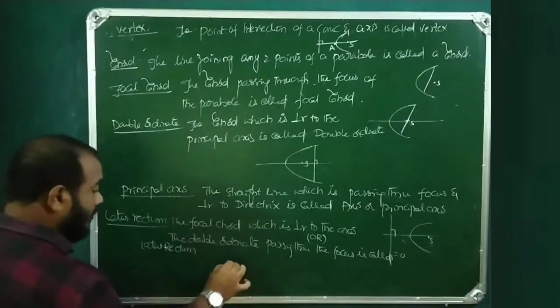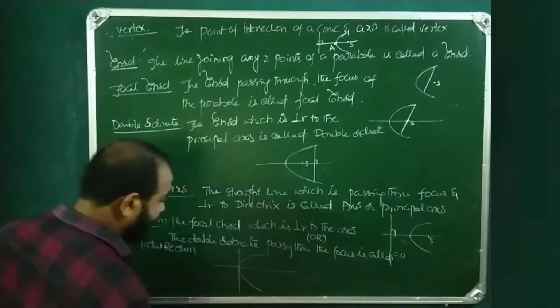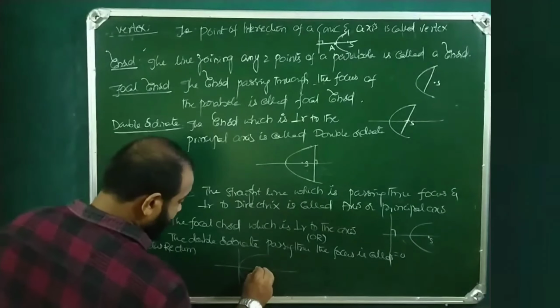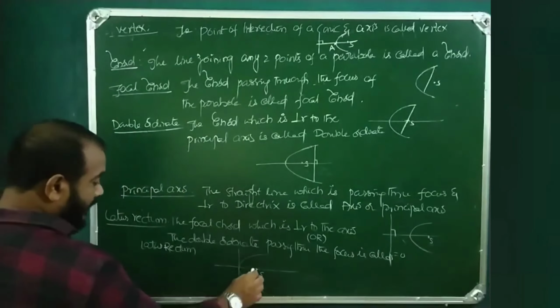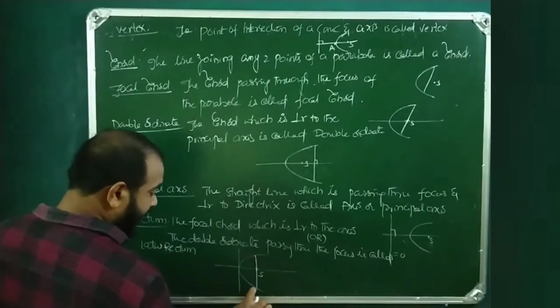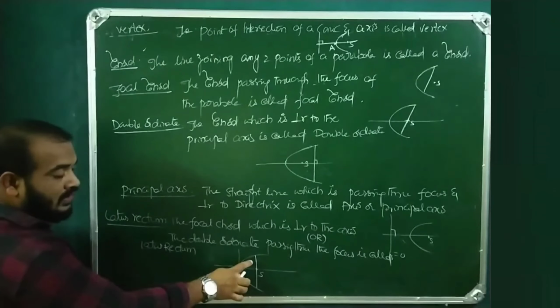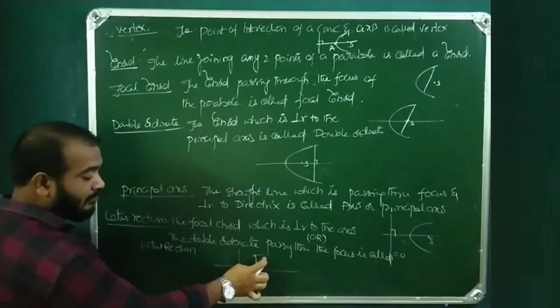That means if you take the diagram like this, this is our focus, and this line is called the chord. Why chord? This is the line joining any two points of this parabola.